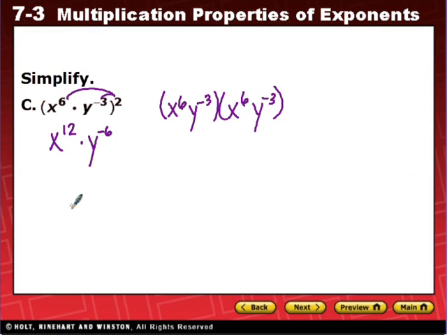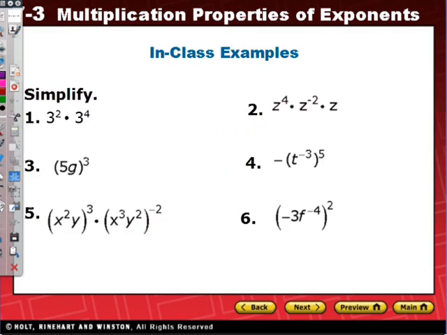You get the same thing here: 12 x's, negative 3 and negative 3 makes negative 6 y's. The x to the 12th stays in the numerator, but the y to the negative 6th isn't very happy there, so it's going to go downstairs and become y to the positive 6th power. And we're going to stop there.